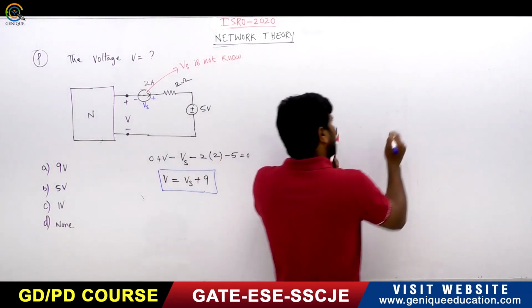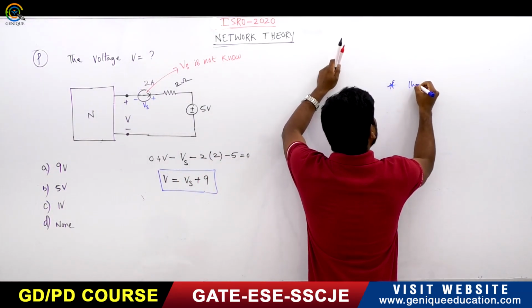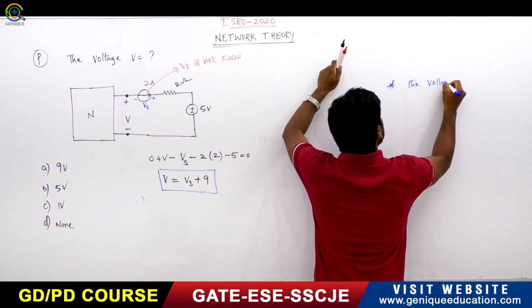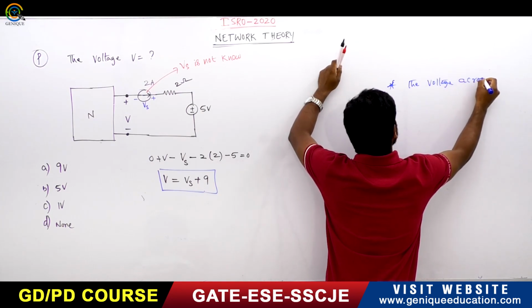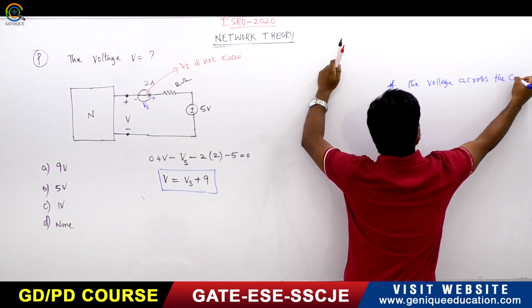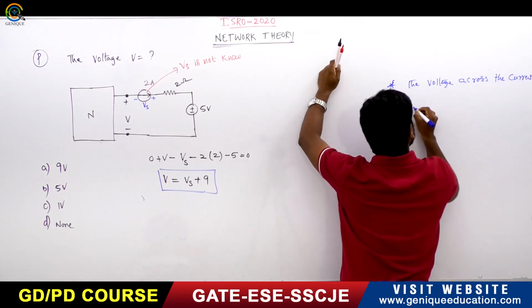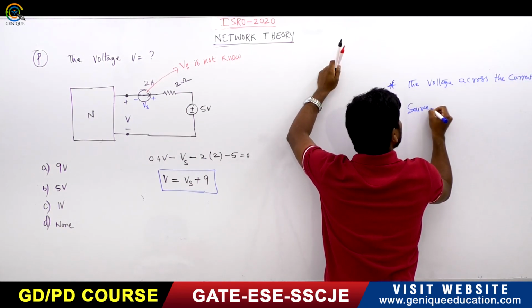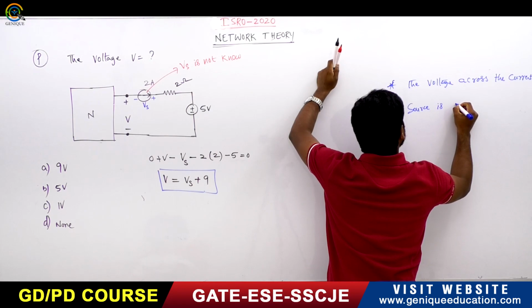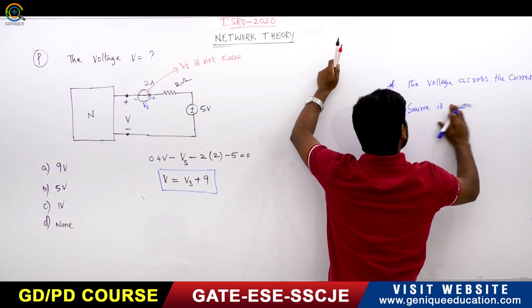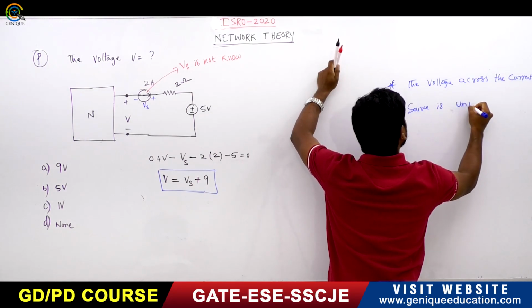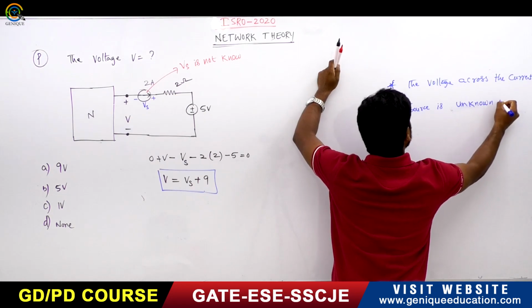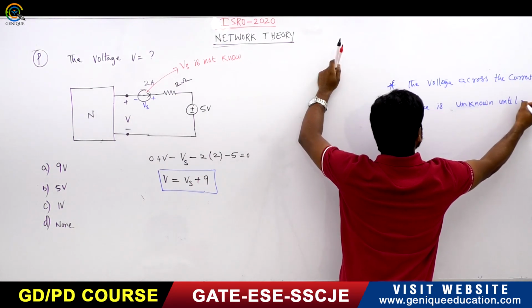So write down: the voltage across the current source is unknown until specified.